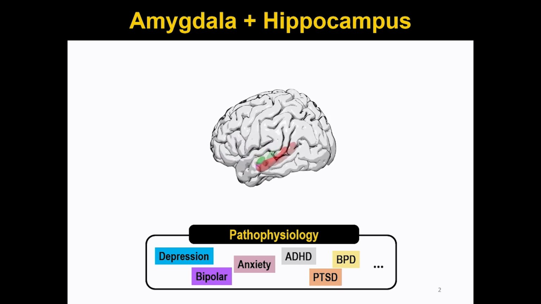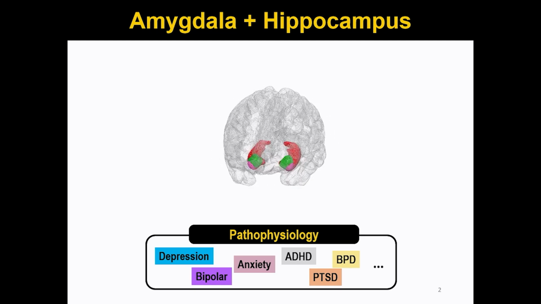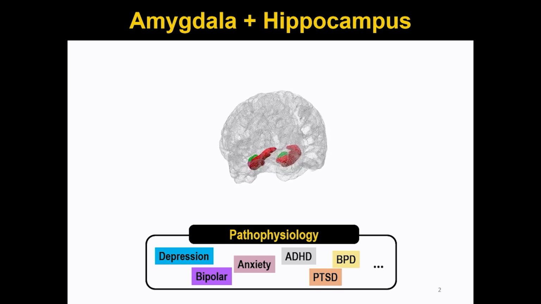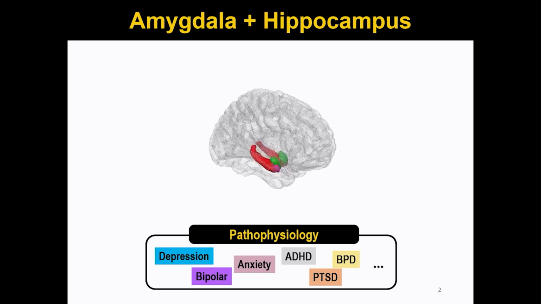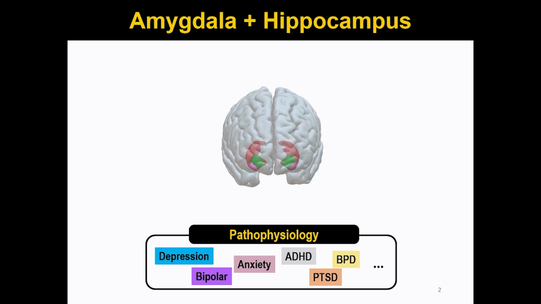The two subcortical regions are implicated in the pathophysiology of a range of disorders, such as depression, anxiety, ADHD, BPD, bipolar, PTSD. However, due to their deep locations in the medial temporal lobe, it has been very challenging to target these regions for treatment.